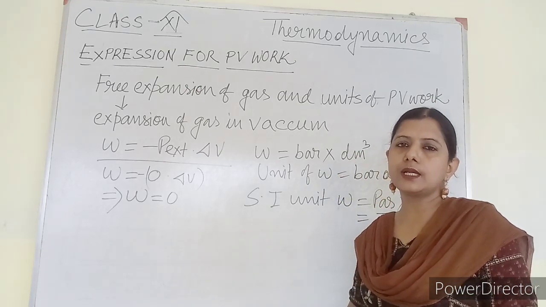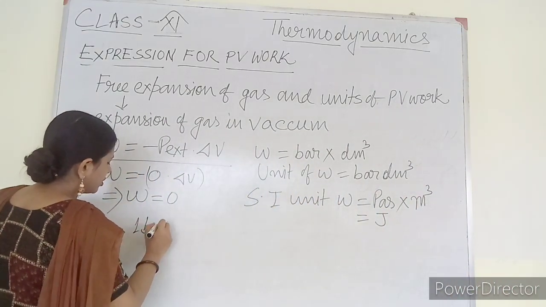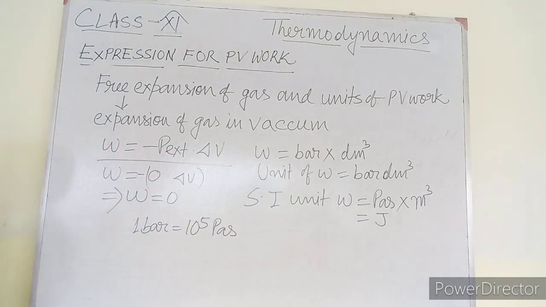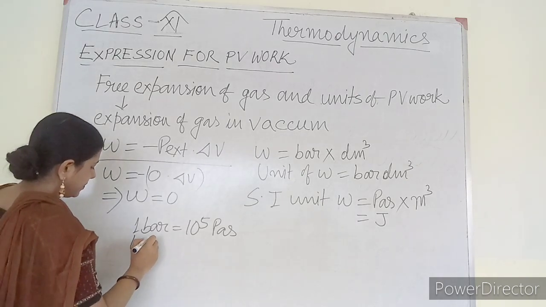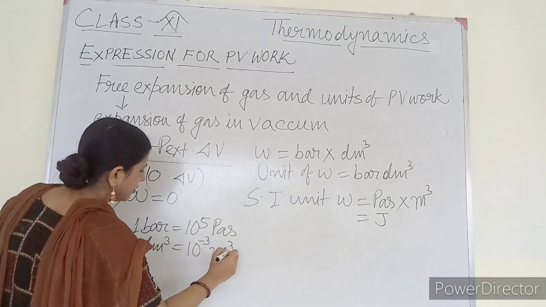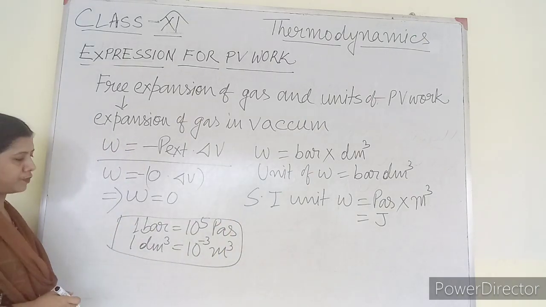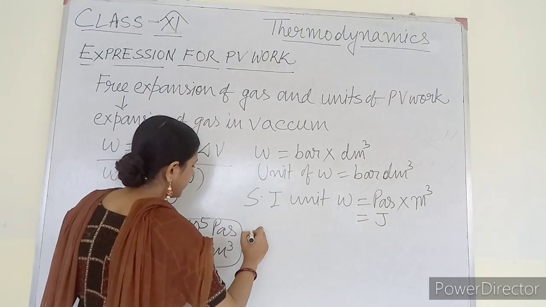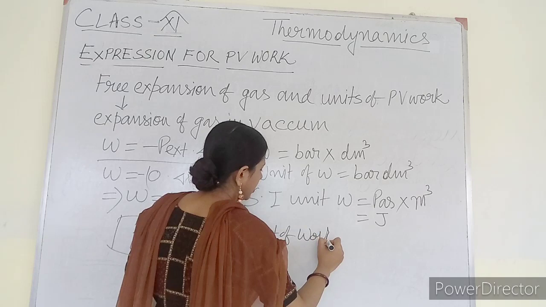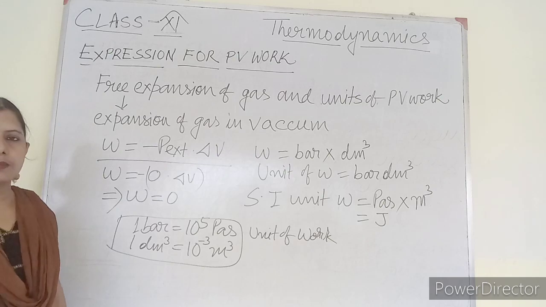I want to change it into SI unit. So how to change? 1 bar equal to 10 to the power 5 Pascal, and 1 decimeter cube equal to 10 to the power minus 3 meter cube. Now I am changing bar decimeter cube into Pascal meter cube.